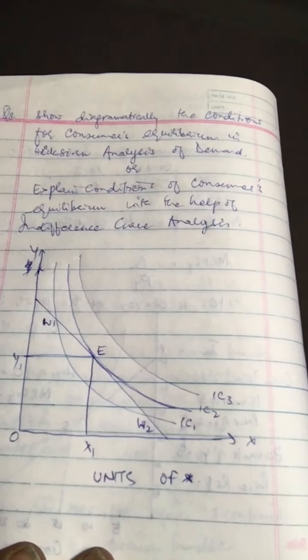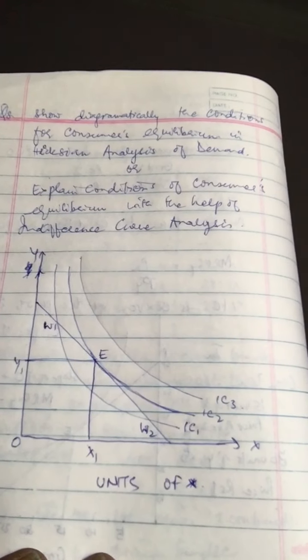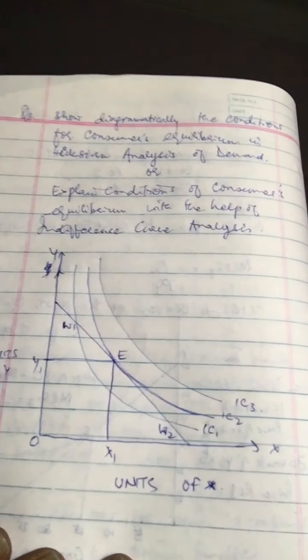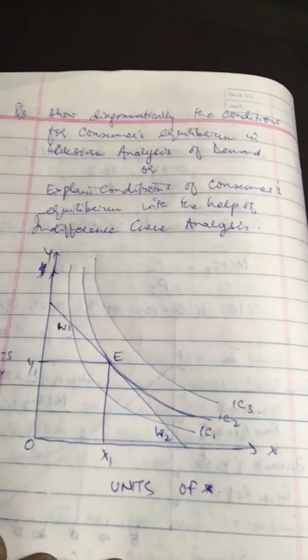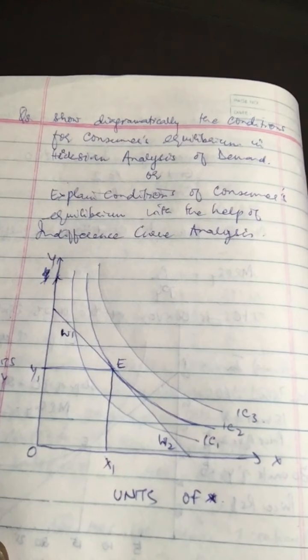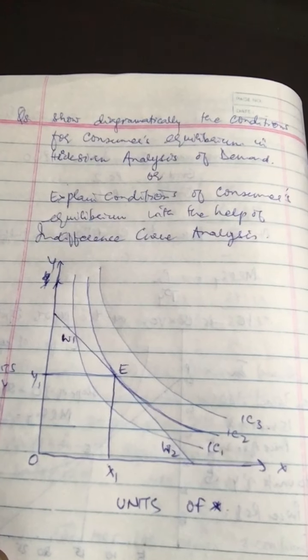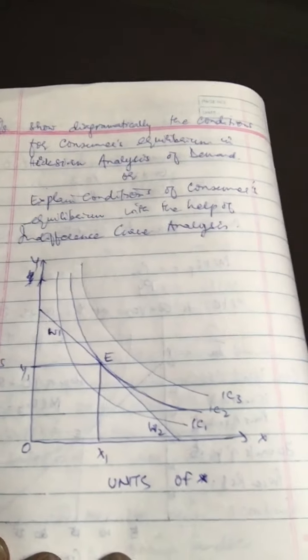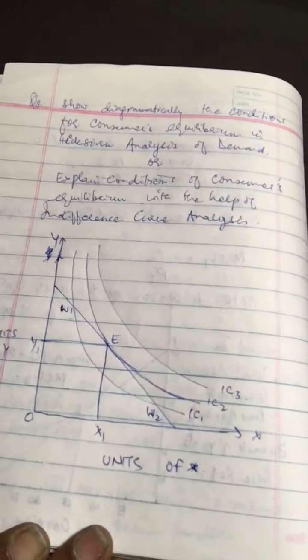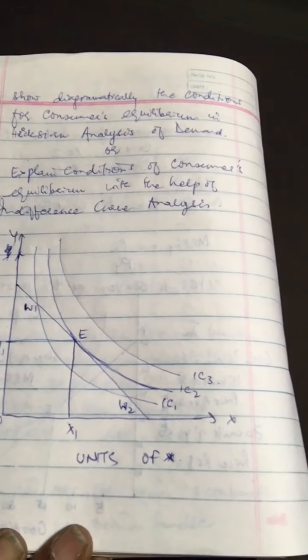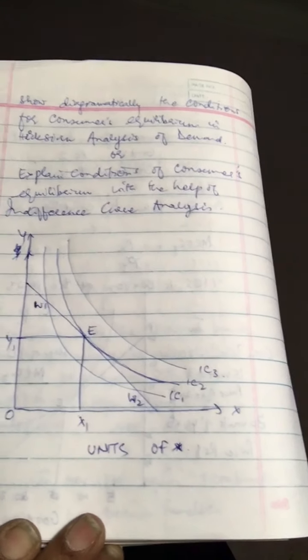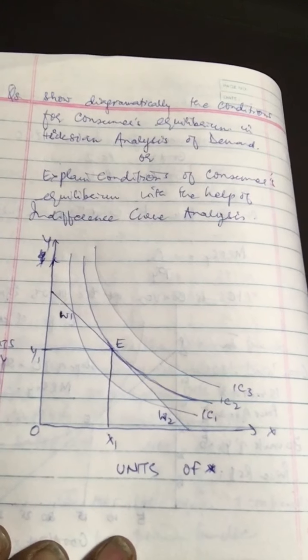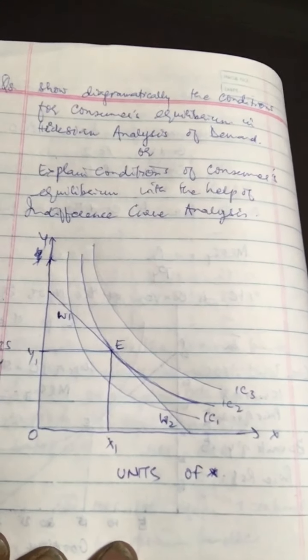So in the Hicksian analysis of demand, if they ask you that, or even if they ask you why the consumer is in equilibrium when he buys only that combination of 2 goods that is shown at the point of tangency of the budget line with the indifference curve, explain. To give the answer to these questions, you have to draw this diagram and explain it. So let me start with the explanation.